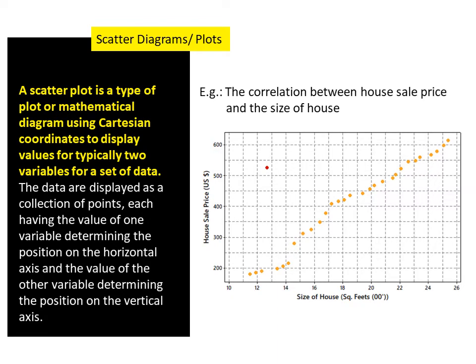For example, the given scatter plot shows the relationship between the selling price of a house and its size. Each dot represents a single house. Each house's horizontal position indicates that house's size in square feet, and the vertical position indicates that house's selling price in US dollars.